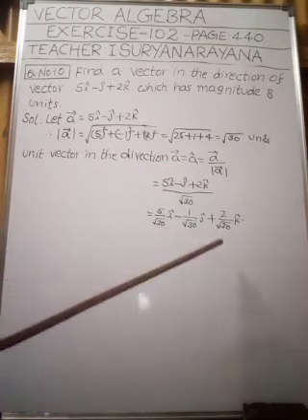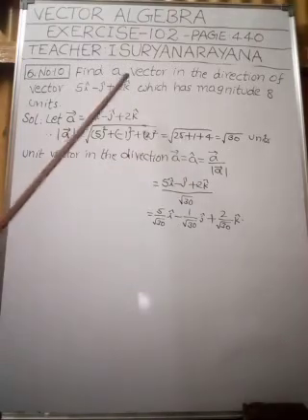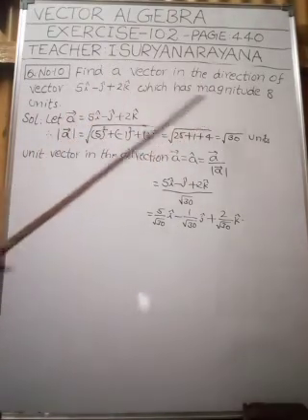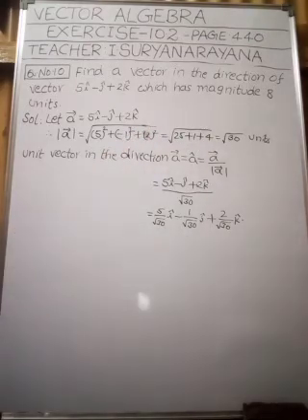Okay, my children? Right. Now we have to find the vector in the direction of A bar which has 8 units magnitude. Yes or no, my children? Right.